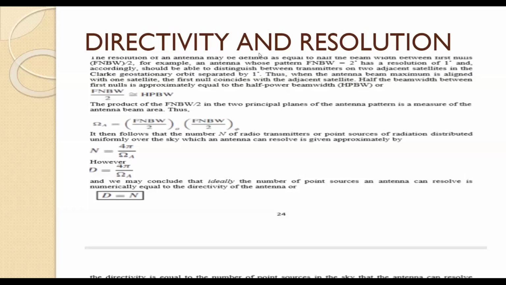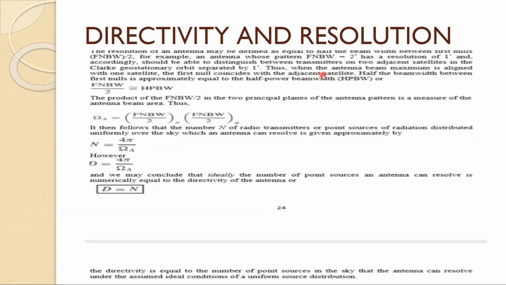For example, for an antenna whose pattern FNBW equals 2 degrees, the resolution equals 2 degrees by 2, that is 1 degree. So you should be able to distinguish between transmitters on two adjacent satellites in a geostationary orbit that are separated by this resolution.